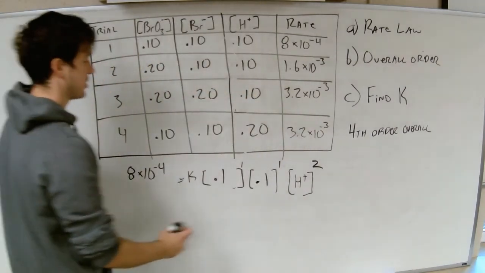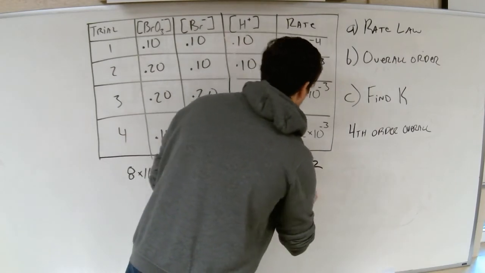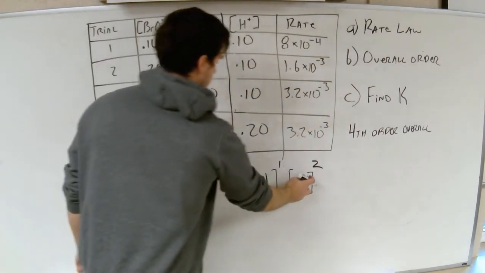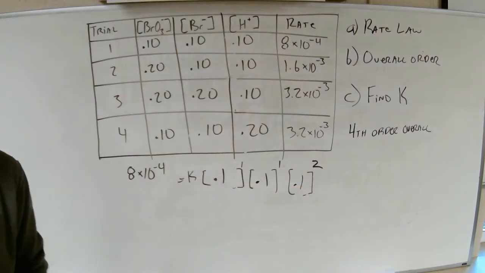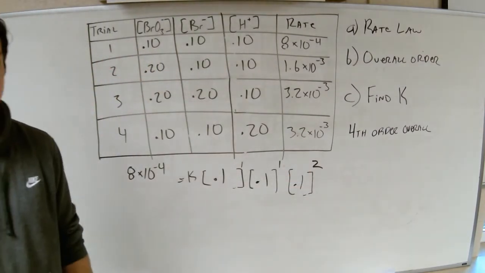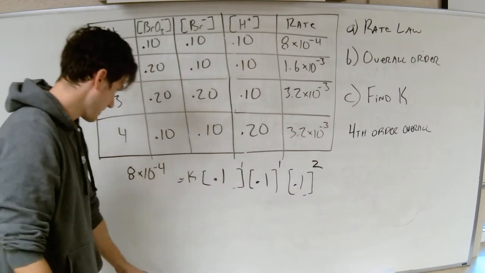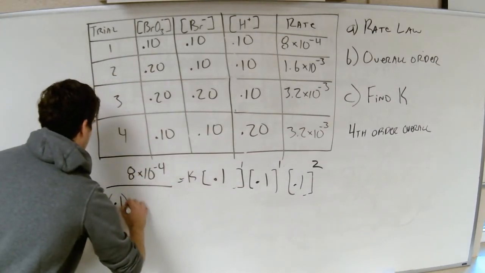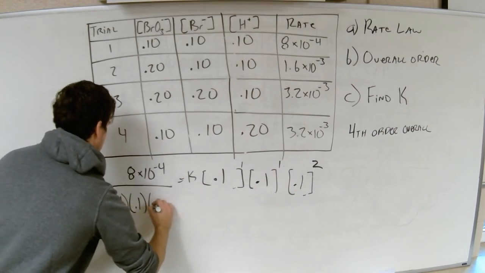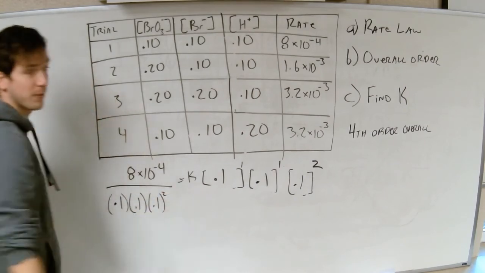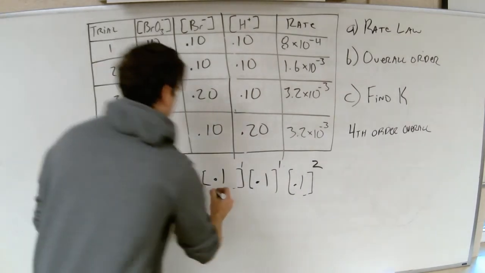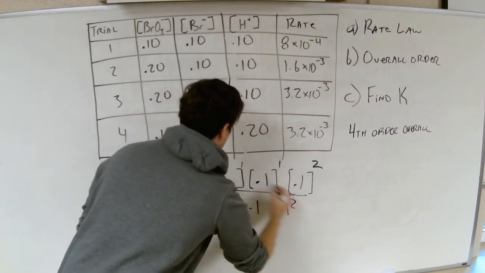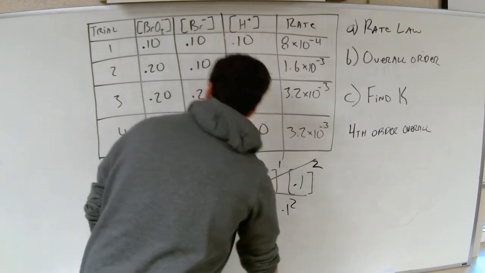And we got a hydrogen concentration of 0.1. So, pretty much it's like 0.1 times 0.1 times 0.1 times 0.1. So we're going to go ahead and divide by all these guys. 0.1, 0.1, 0.1 squared, which is just 0.01, but I'll leave it as is. And we should get K.